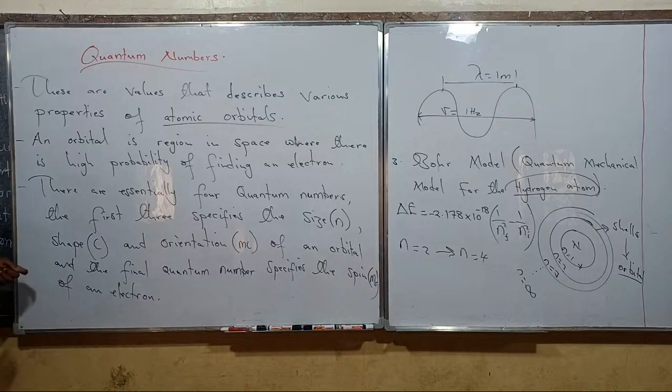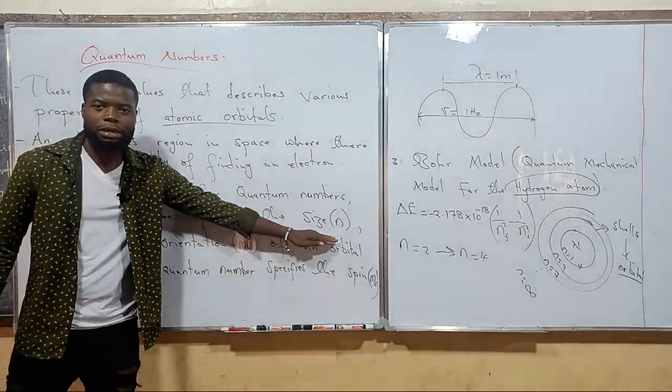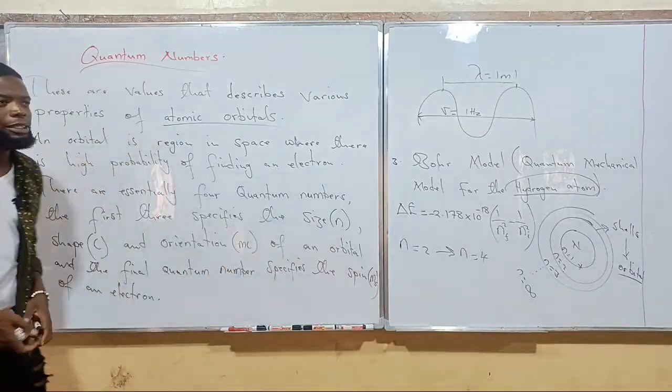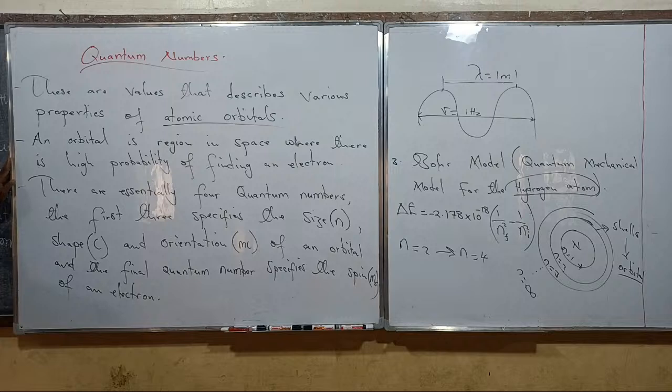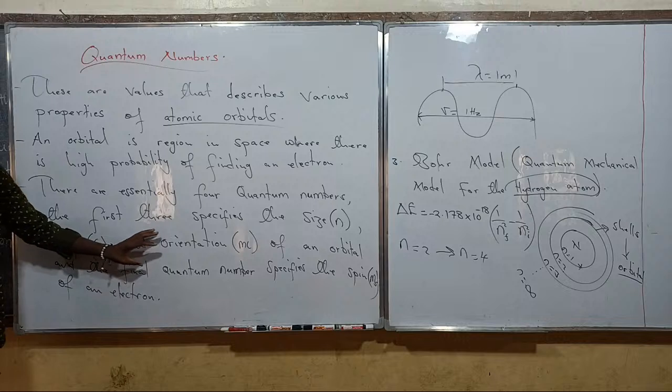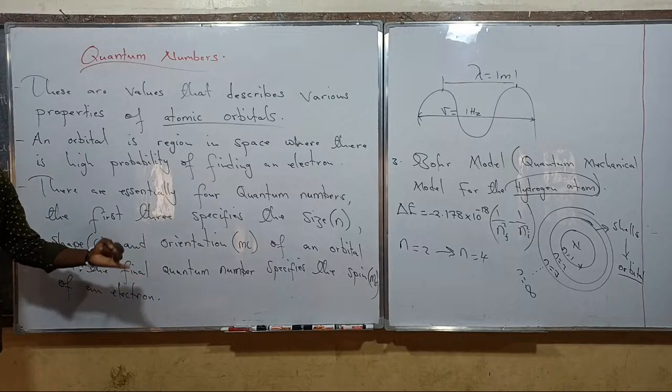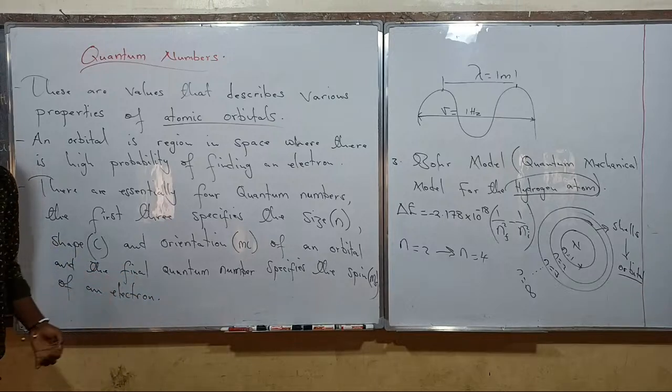We're going to start by looking at the first quantum number that specifies the size. Quantum numbers are just values that describe various properties of orbitals. An orbital is where you find electrons. We have 4 quantum numbers. The first 3 specify size, shape, and orientation, and the final one only specifies the spin of an electron.